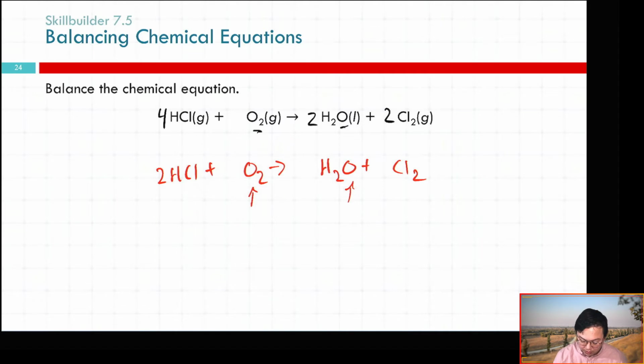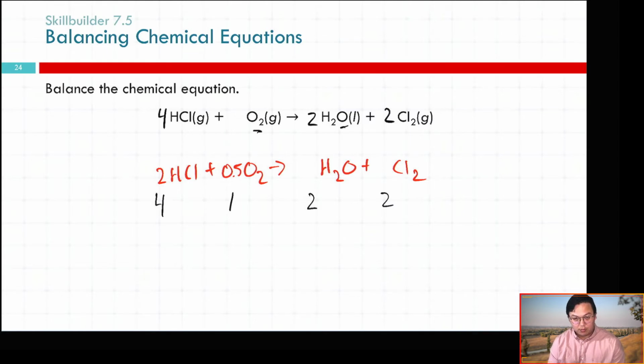So the other thing you could do here, instead of adding the 2 like we did and then coming back and changing the hydrogens, is say, well, I need half of this oxygen to match the oxygen number on the right side. And then you multiply everything by 2 because we have a half, and so we'll end up with the same result. So 4, this will multiply by 2 to be 1, and these will be 2 and 2.